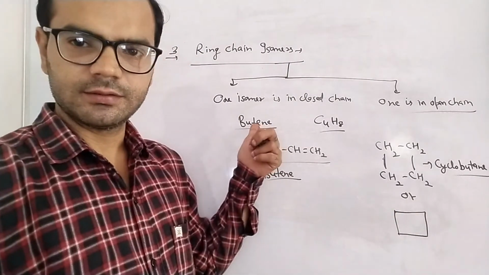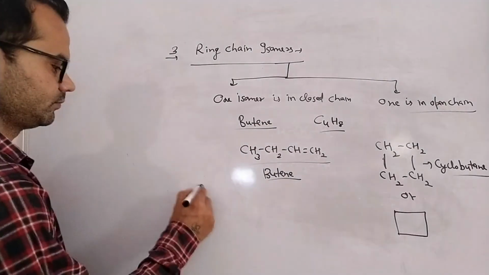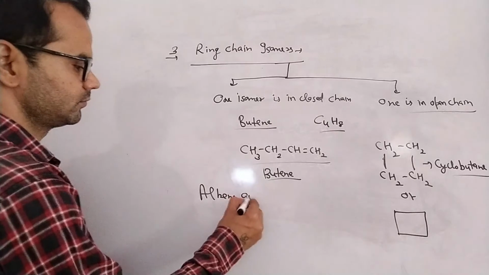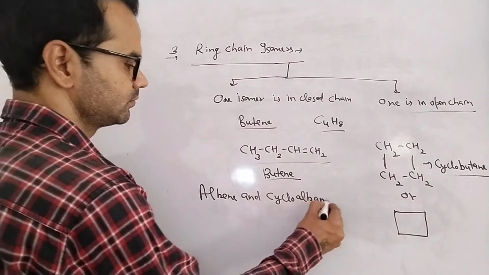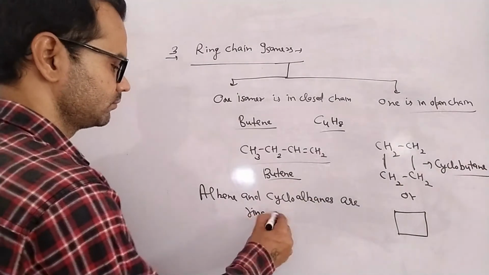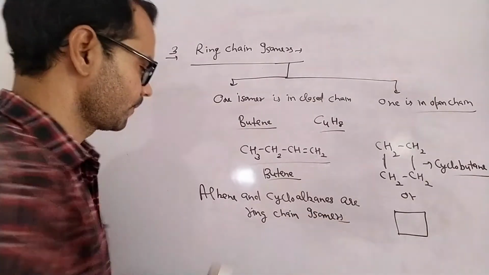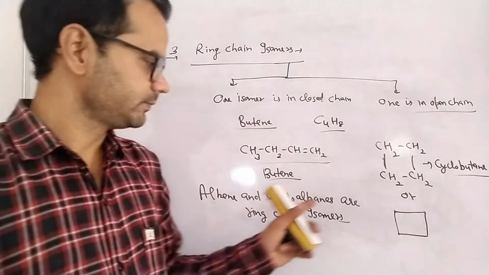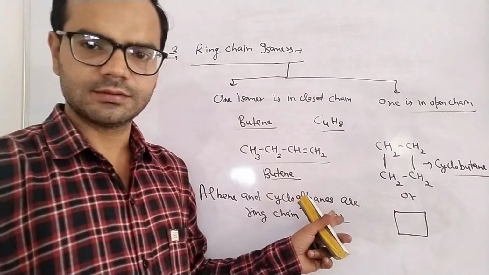So we can say alkenes and cycloalkanes are ring chain isomers, right?